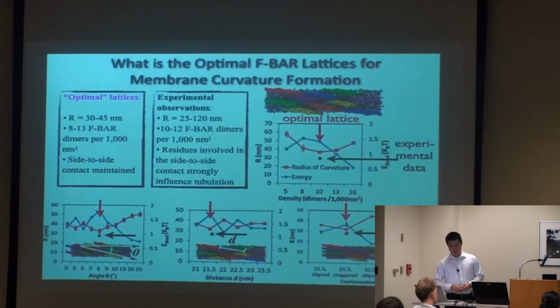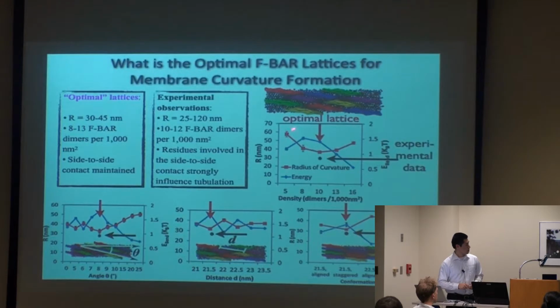So we use this method to sample different parameters such as densities, spiraling angles, distance, and conformations between neighboring F-bar domains. We have found an optimal lattice that produces the highest curvature. And this optimal lattice produces a radius of curvature that is generally within the range of experimental observations.